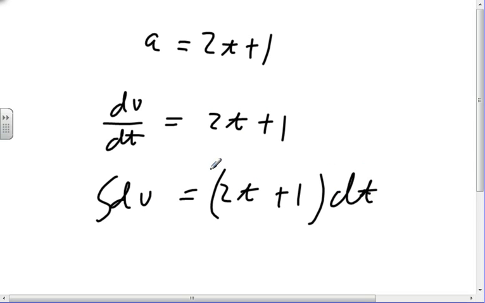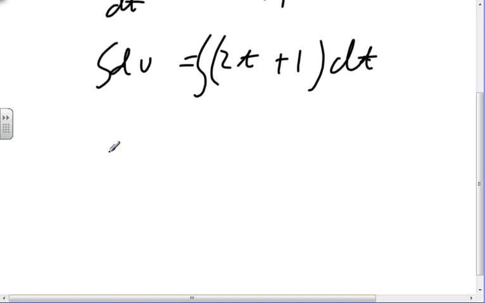Integrate both sides. Also, I know that v at 0 is minus 7 and x at 0 is 4. So those are the initial conditions. Of course, I'm going to forget what they are. So v is equal to t squared plus t plus the initial condition v0, which is minus 7.